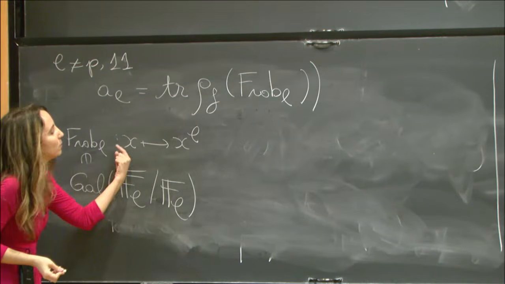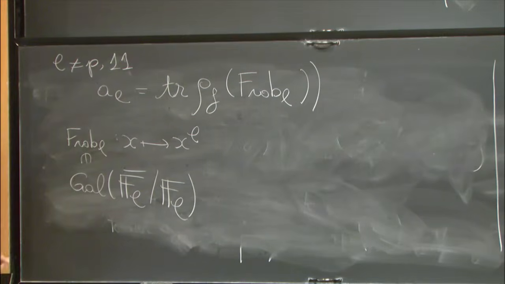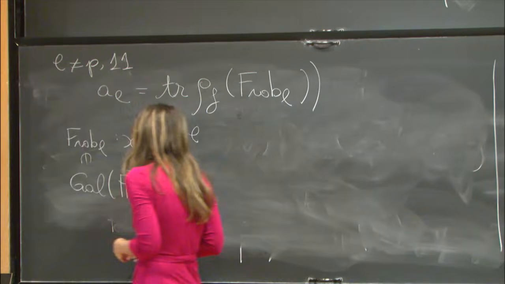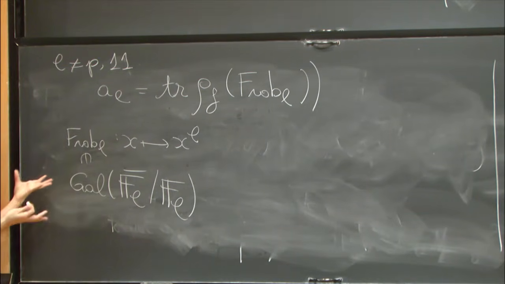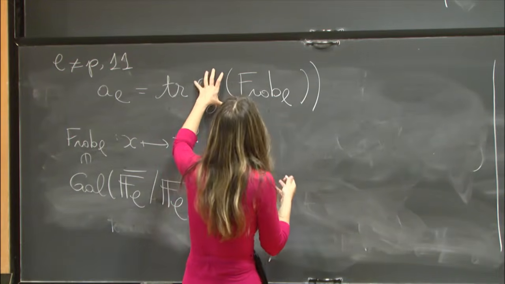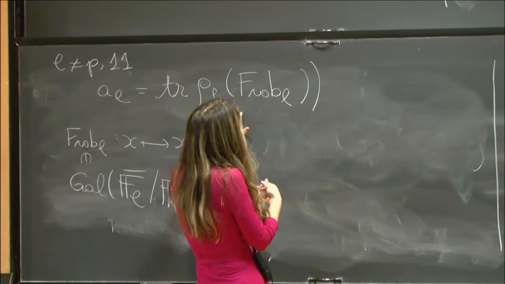It's an automorphism that will send x to the x to the L. And it turns out that there's a way of lifting these and thinking of them as elements in the Galois group of Q, at least from the point of view of this particular Galois representation. So this is well defined.